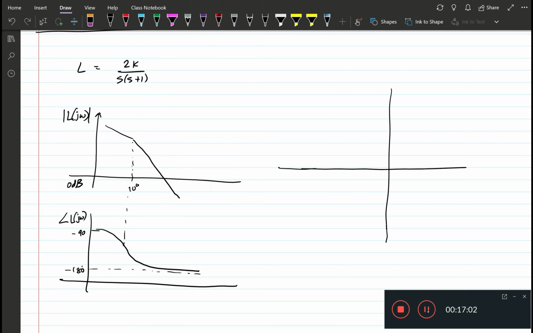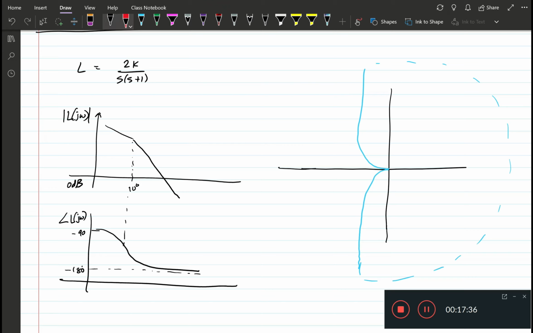The phase at the end is -180, so it would be something like this, obviously with the mirror image of this, and then there is this final circle at infinity.